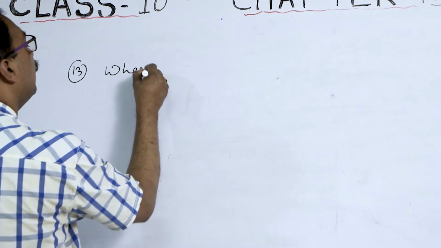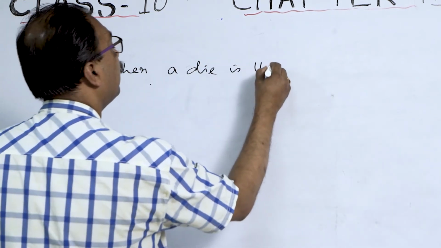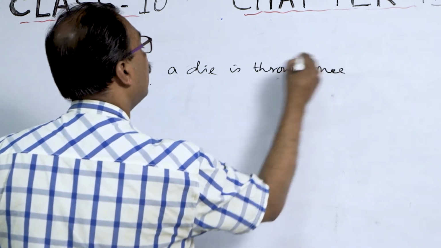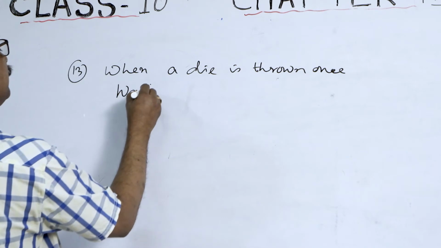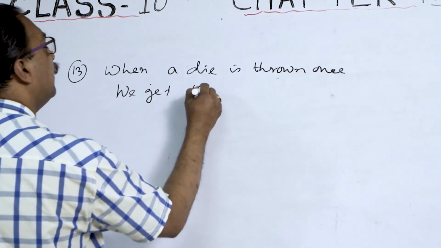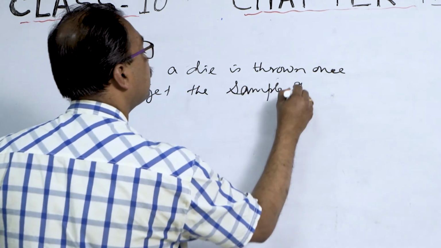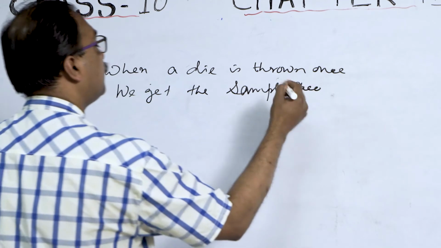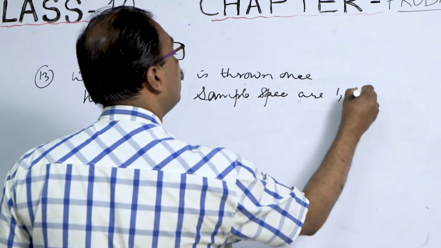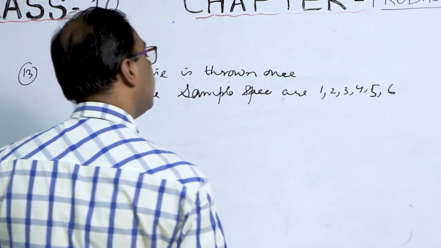When a die is thrown once, we get the sample space: 1, 2, 3, 4, 5, 6.